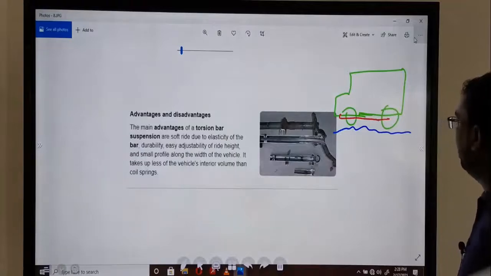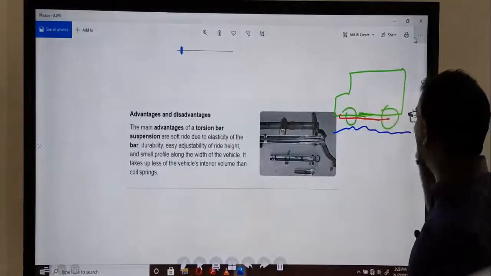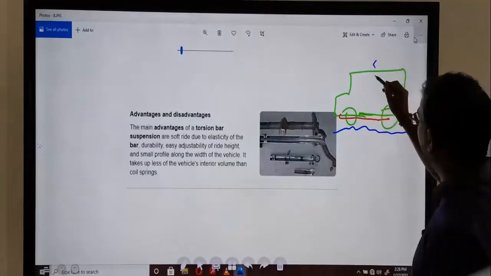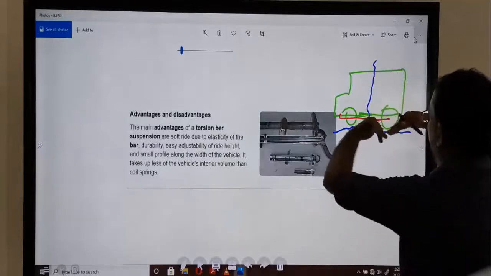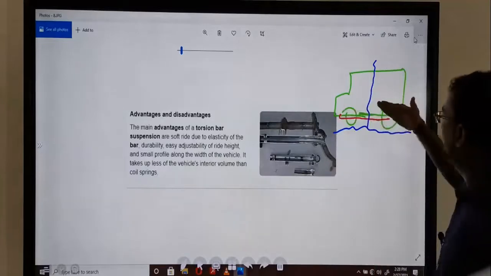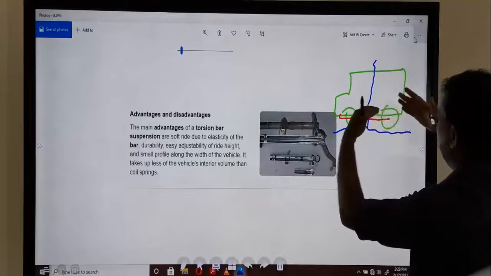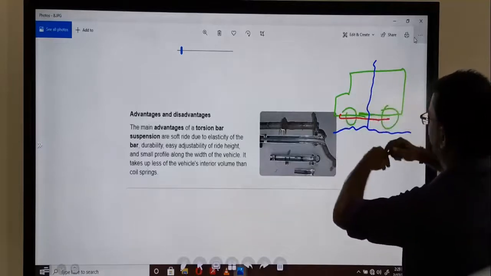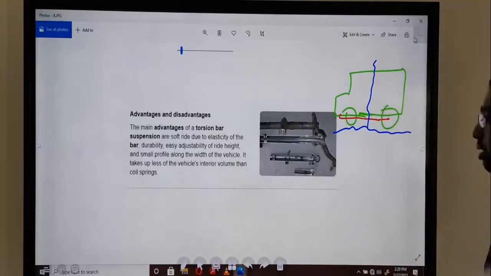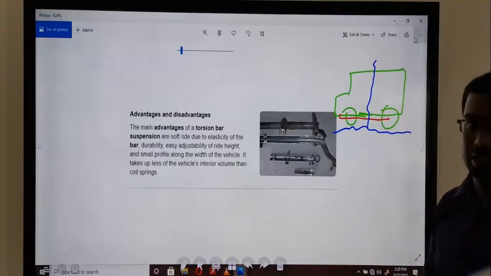There is vibration. That vibration means sometimes the chassis frame can break like this when bumping, and that may put a lot of stress on the chassis. So this kind of bar reduces that stress.